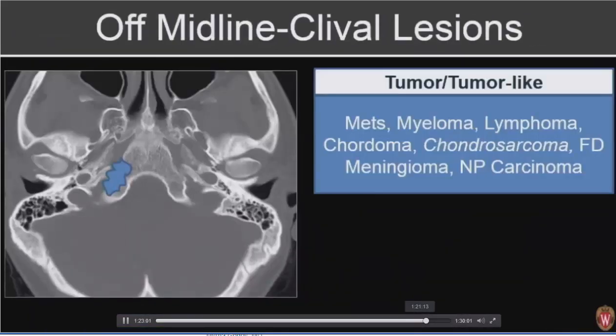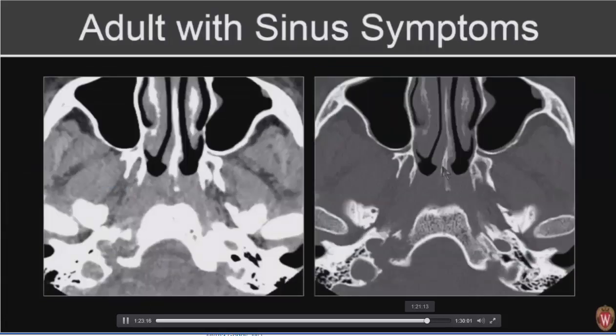So now let's take a look with our last couple minutes at a couple of other entities. So we have off-midline clival lesions. So of course we're going to think about all the other things that we've talked about, but we want to consider chondrosarcoma on that differential because of the off-midline location. So this is an adult who presented with sinus symptoms, so had just routine sinus CT, and we saw a lesion incidentally off midline along that inferolateral part of the clivus at the level of the petrooccipital synchondrosis.